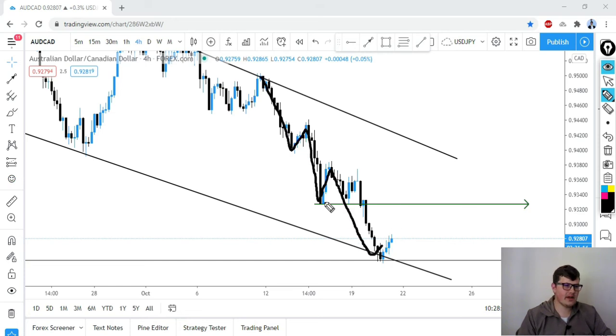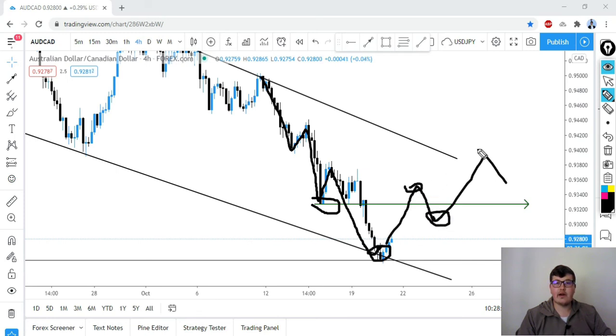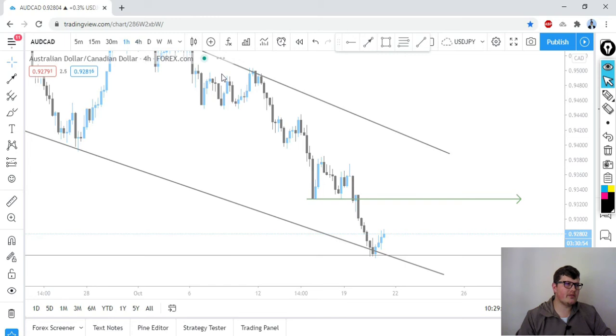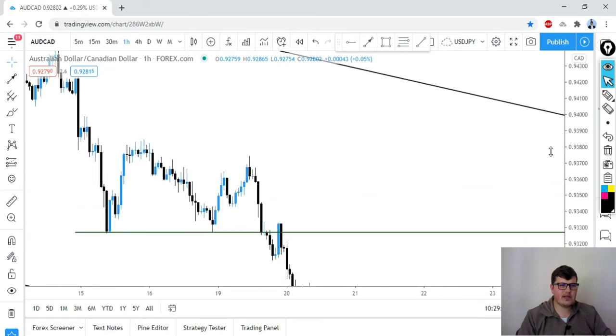So this more recent low needs to be broken, and then the market should make a higher low than this, followed by a higher high than this one. Then we know we are in an uptrend. So that's the 4-hour time frame, and the 1-hour time frame is pretty similar.